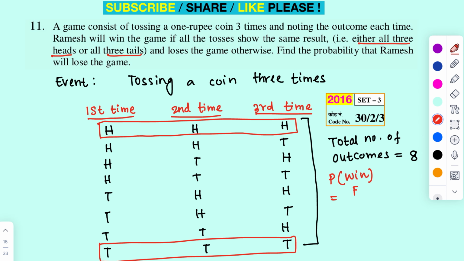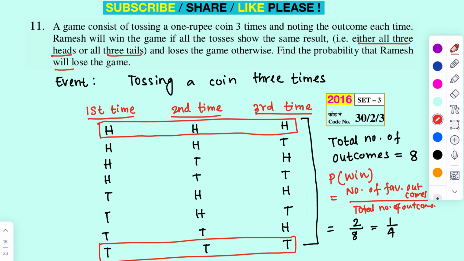The probability of winning is the number of favorable outcomes by the total number of outcomes. So this will be equal to, here the number of favorable outcomes for winning is 2 and the total number of outcomes is 8. So the probability of winning is 1 by 4.